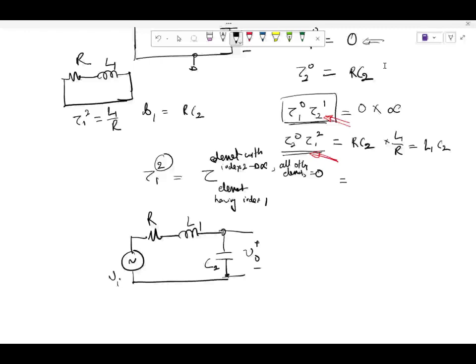So what will be H0? It is 1, because L1 is shorted and C2 is open. What will be H1, 1 and H1, 2?